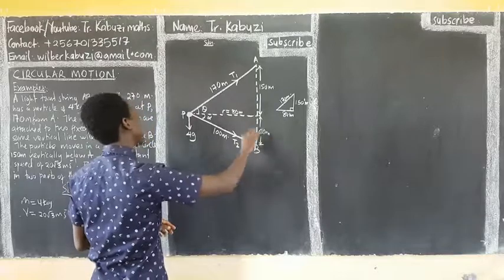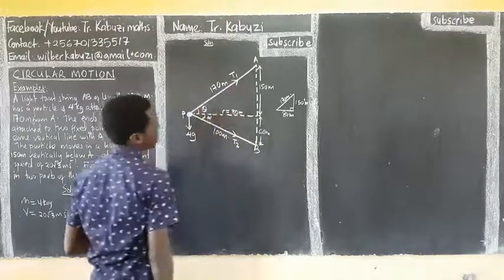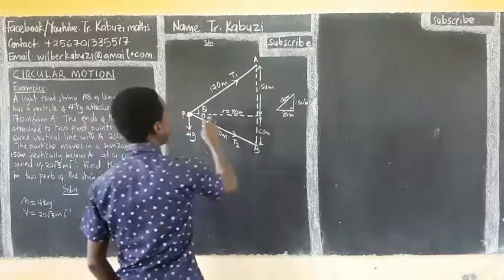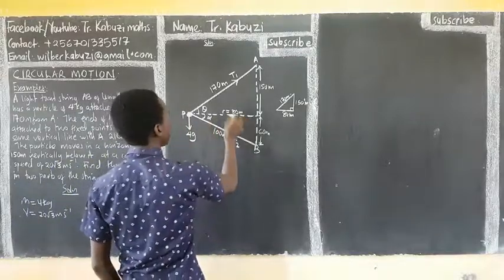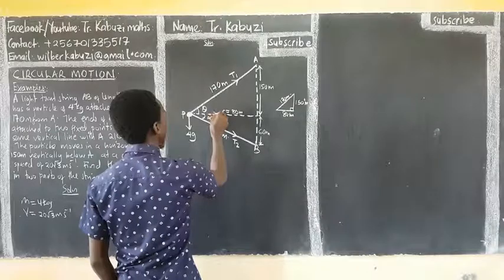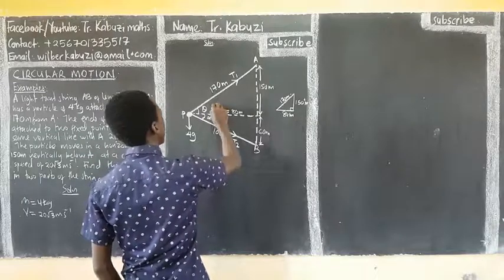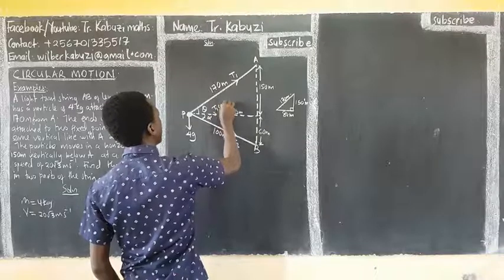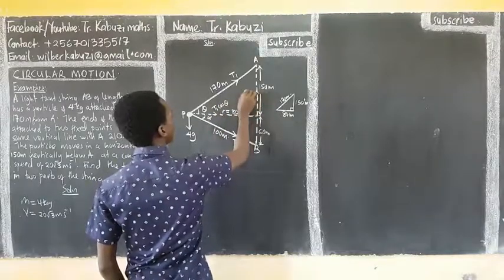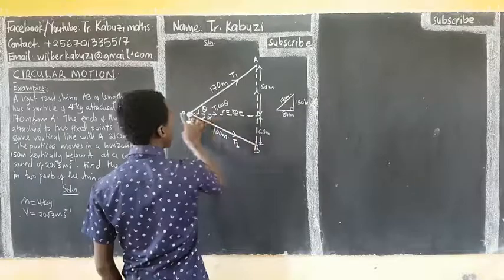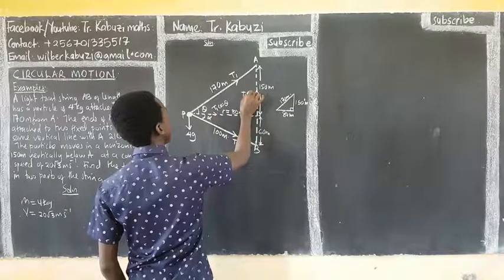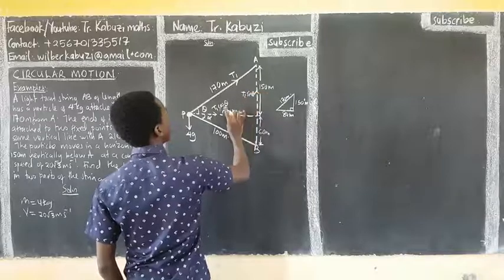This one is going to be pulling this part towards this, and this one is going to be pulling it towards that. So now, if you are trying to resolve basing on theta, if I try to resolve this one upwards here, basing on the theta, this one is going to be T1, this is adjacent, cos theta. And then upwards, because this force is moving like that, this one is going to be T1 sine theta, because this one is opposite.